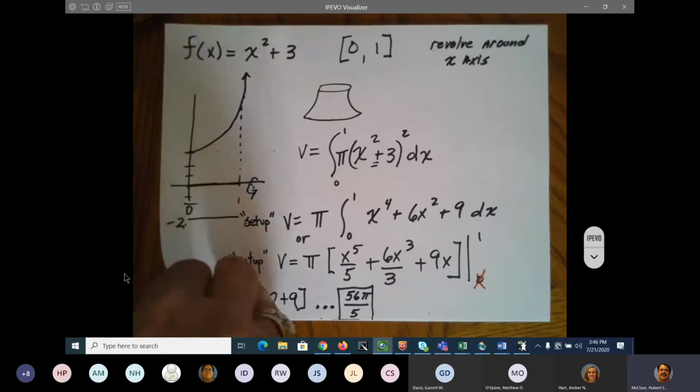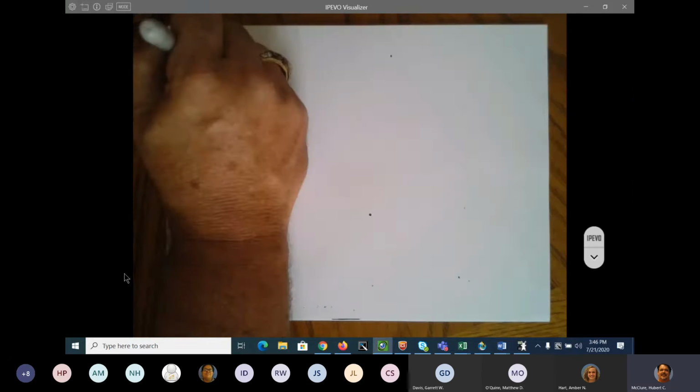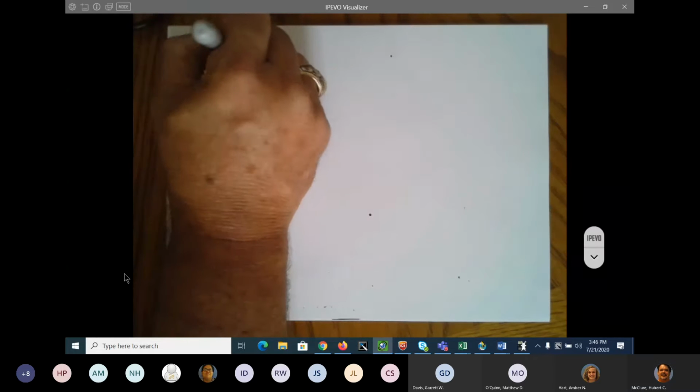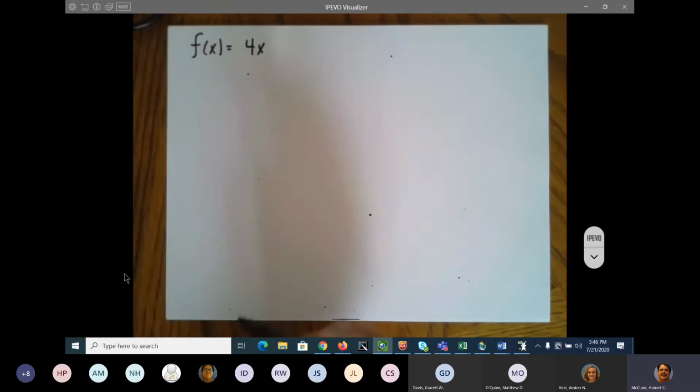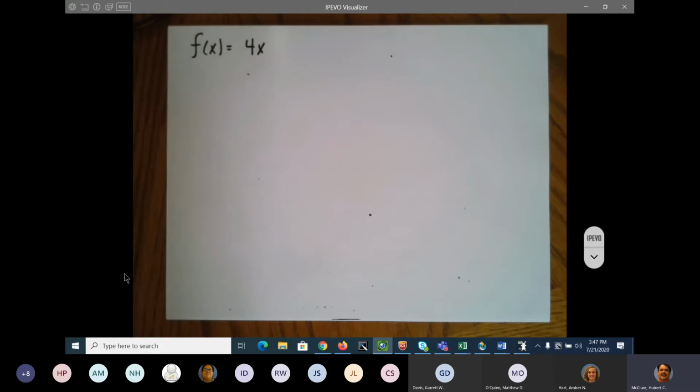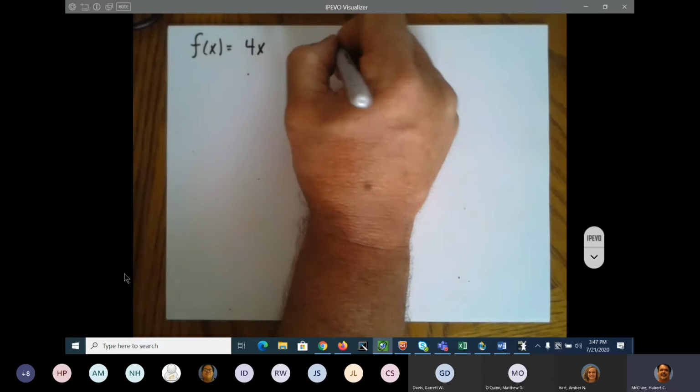And the question is, f of x is equal to 4x, and it's bounded by the x-axis, revolving around the x-axis, and it goes from 0 to 2.